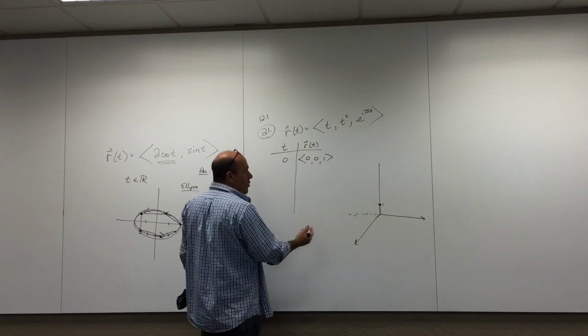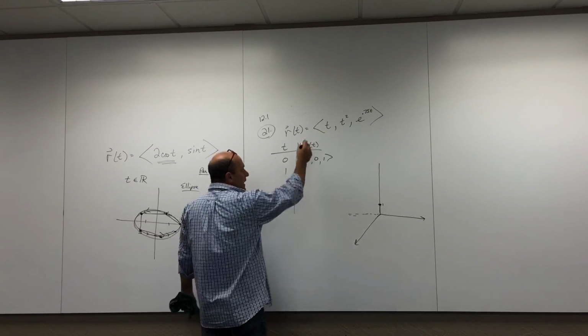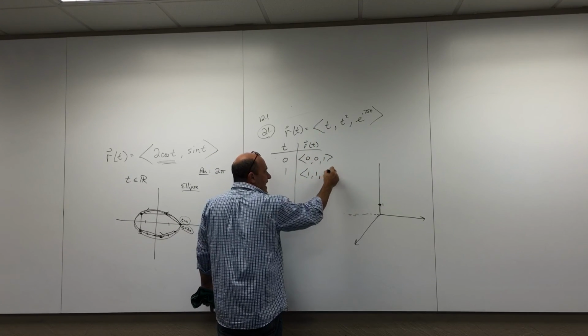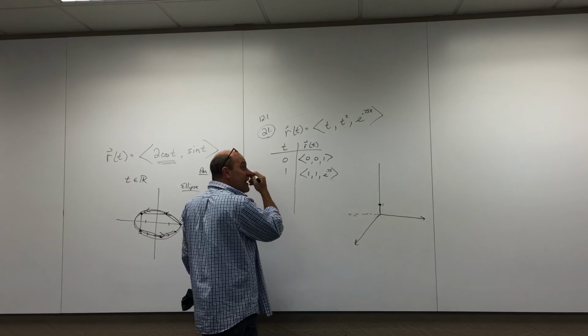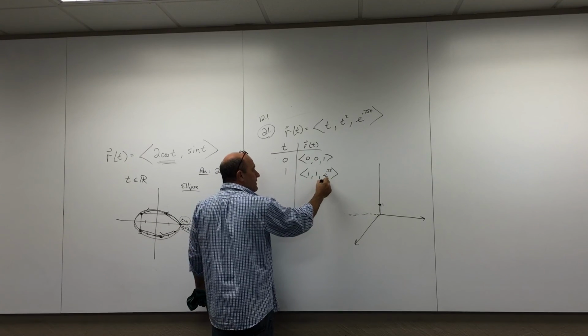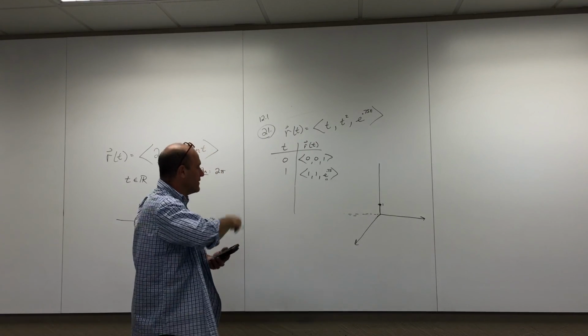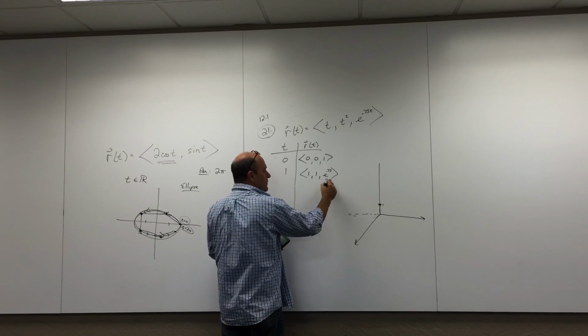What do I do? Plot more points. When t is 1, I get 1, 1, e to the 0.75. I'm not exactly sure what that is. Maybe you can pick up a calculator and help me. Maybe it's 2 point something. Oh, yeah, 2.12.